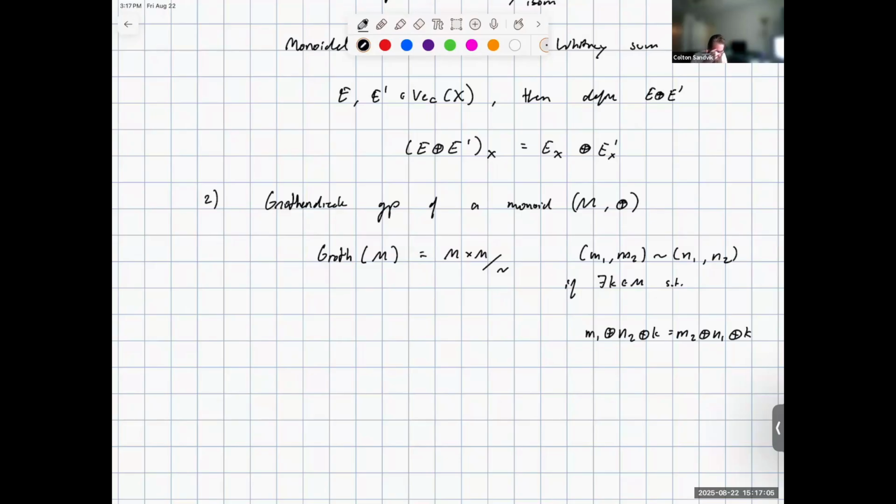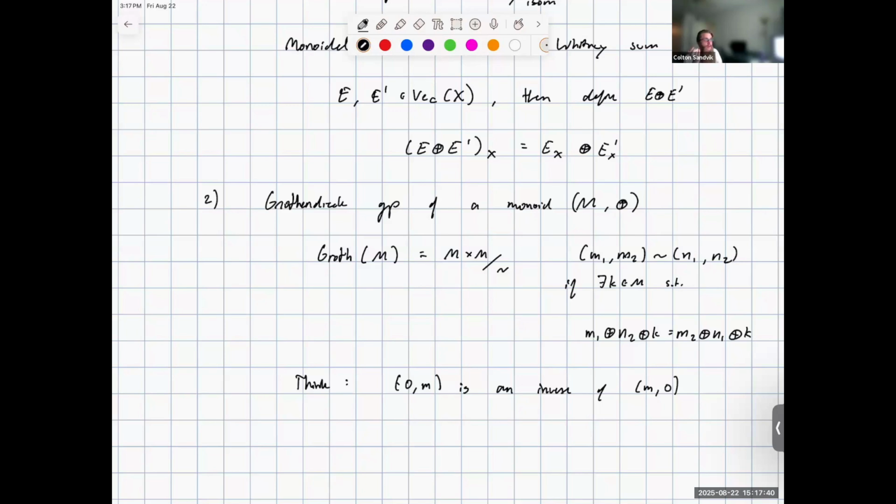I mean, this is kind of an abstract definition, but the basic idea is that we're creating an abelian group in a sort of universal way. And in this group, we have that 0 comma m is an inverse of m comma 0.